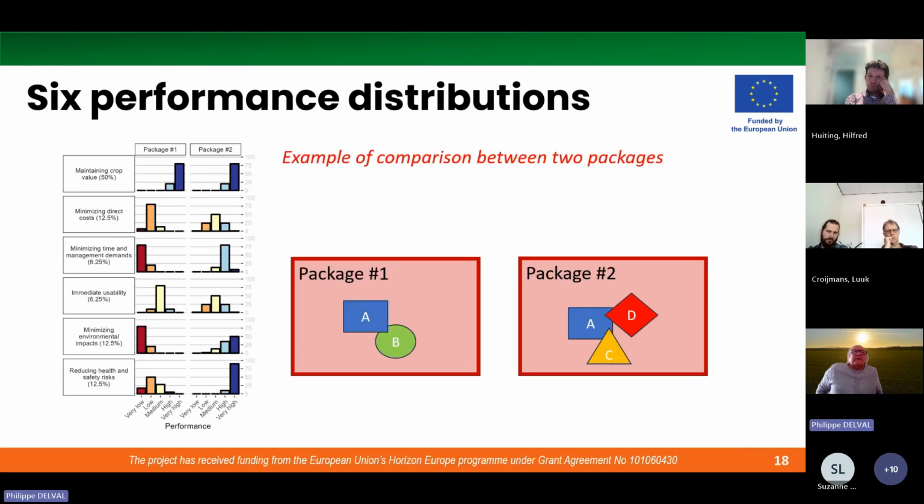So for each package, you will have a comparison between the 2 or more packages tested in the demonstration trials with the 6 indicators. So we can have at the end the performance, but the performance with the ideas or the experience of the trial experimentator.